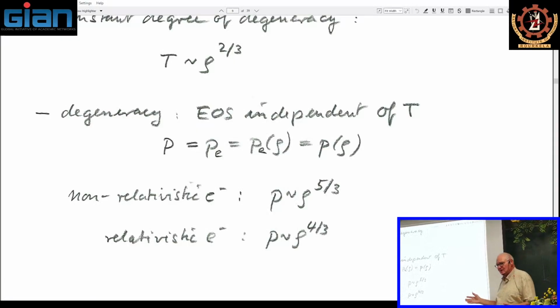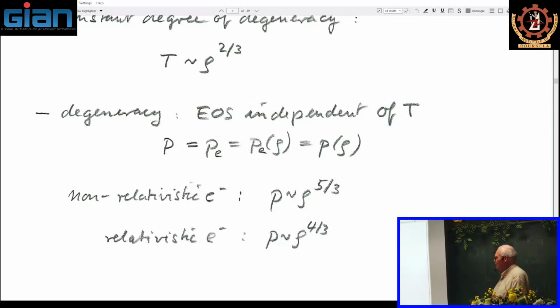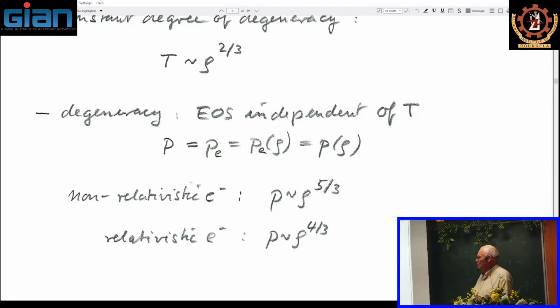And we have to distinguish between non-relativistic electrons and relativistic electrons. For the non-relativistic electrons, we have pressure proportional to rho to the 5/3, and for the relativistic ones, we have pressure proportional to the density to the 4/3.